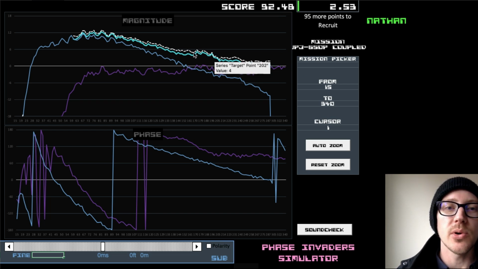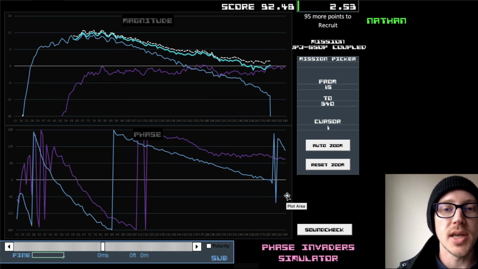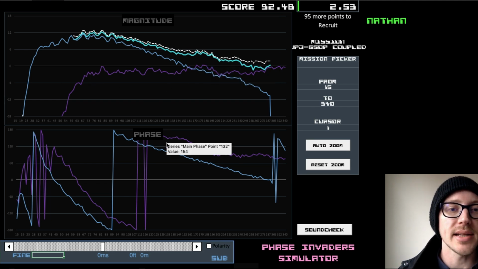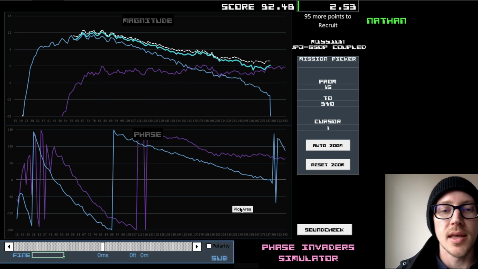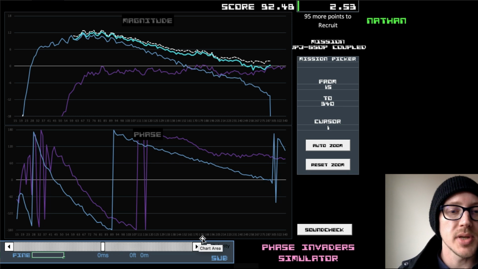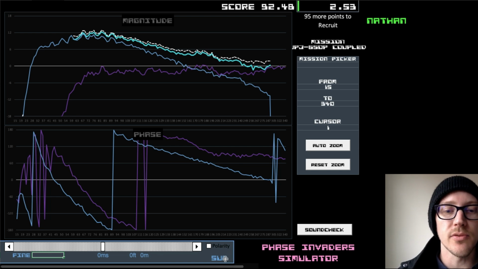So this is one of the more advanced levels that you would get to in the game, and it's intended to look more or less like your audio analyzer with a magnitude and a phase graph. And then there are just some DSP controls down here. You might think of it as being able to physically move one of the speakers, in this case the subwoofer.